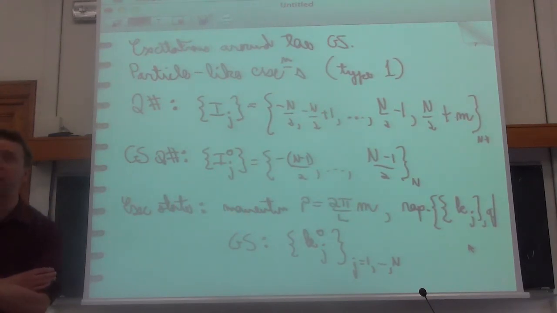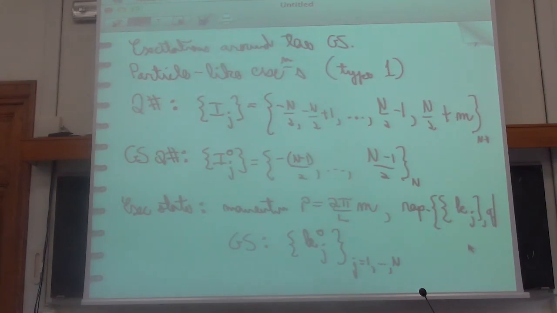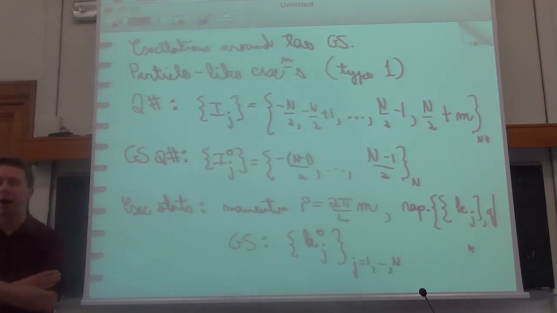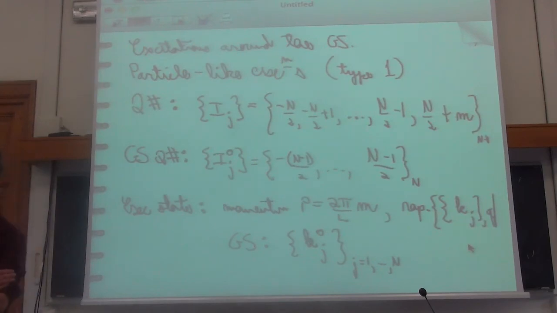We can do it differently as well, because we could say we don't like this half integer shift. So we say all states with an even number of particles have periodic boundary conditions, and all states with odd numbers of particles have anti-periodic boundary conditions. That would just remove this half integer shift.